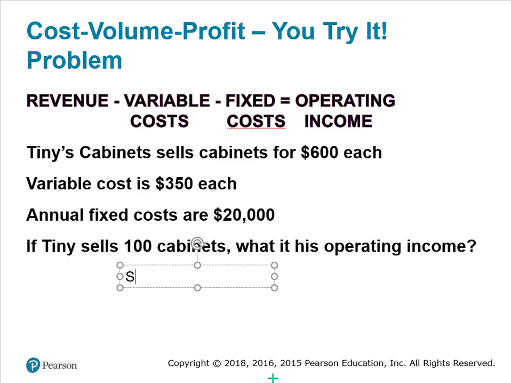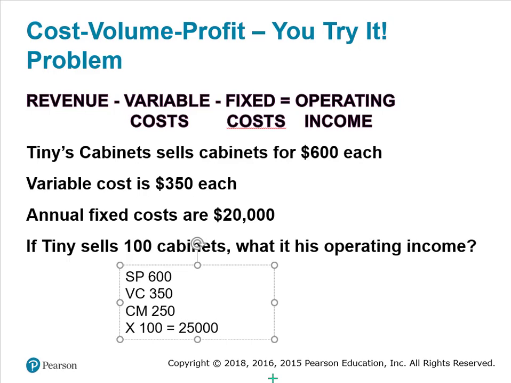So if the selling price is 600 and the variable cost is 350, then my contribution margin is 250. If I multiply that times 100 cabinets, it equals $25,000.